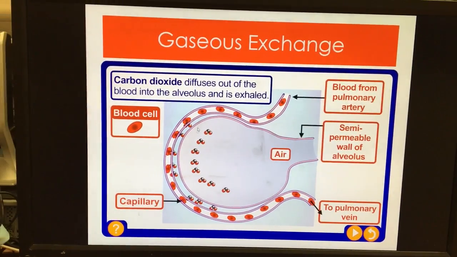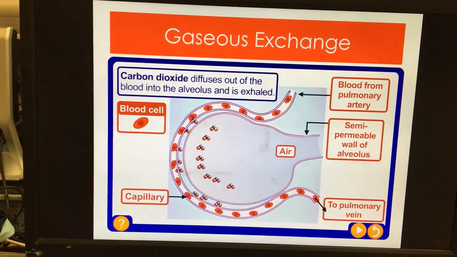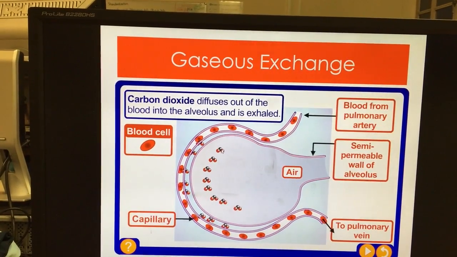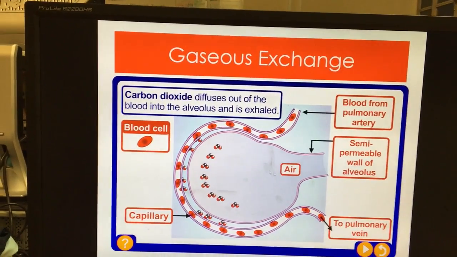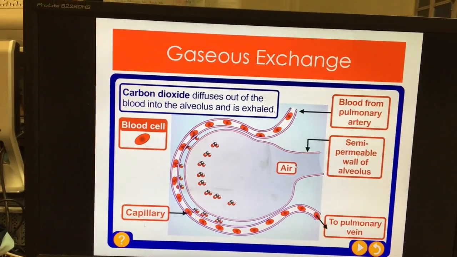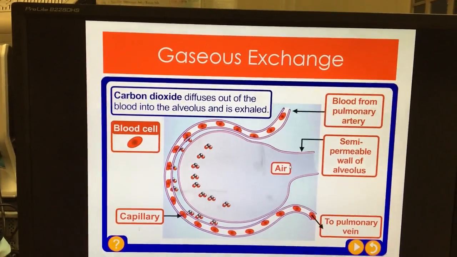What you can see though is that you've still got two red bits, which represents oxygen, and one sort of bluey, blacky bit, which is carbon dioxide. So when we inhale oxygen, around 21% of the air is oxygen.